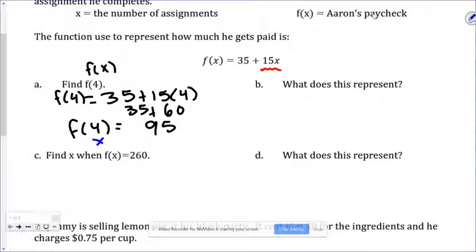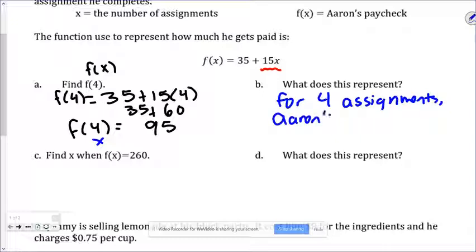So I'm going to write that. So for 4 assignments, Aaron's paycheck is $95. So I'm just going to add my dollar sign here to part A, because we know it's $95. So let's just label it.